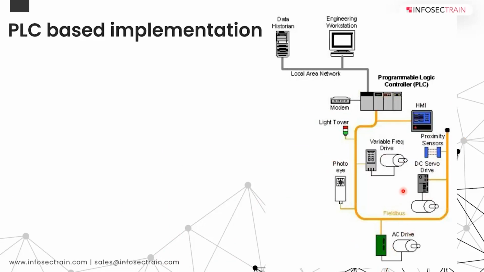For example, here we have an AC drive, there's a single fieldbus, and then we have a servo drive here, proximity sensors, and this again looks like, not sure what exact application this photo eye is, but it could be a presence of some object or light detection or something like that.